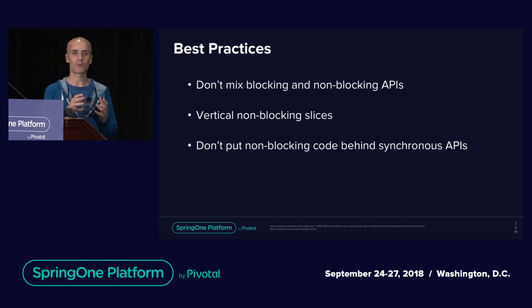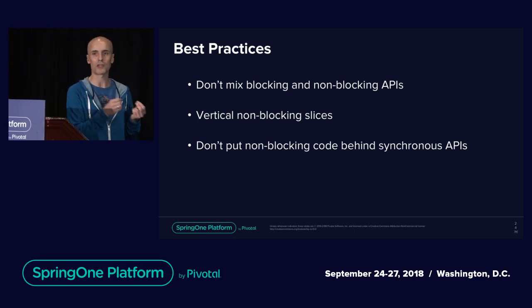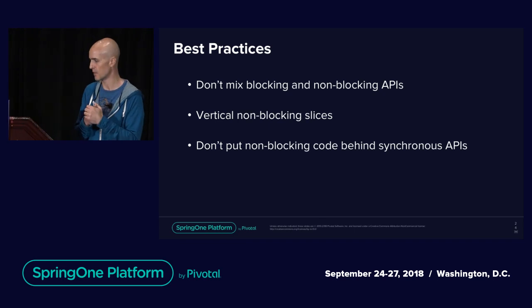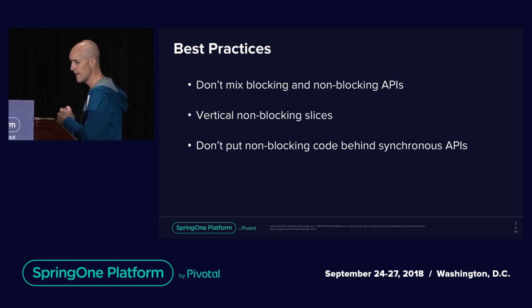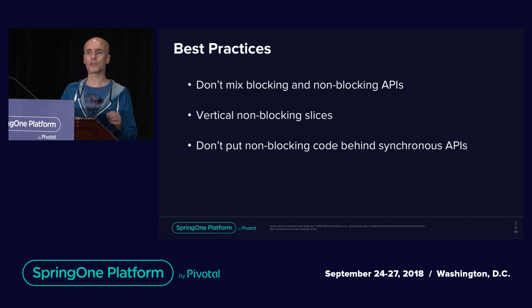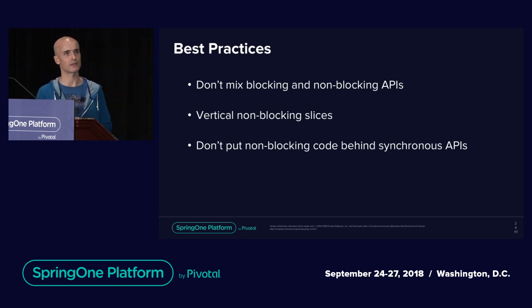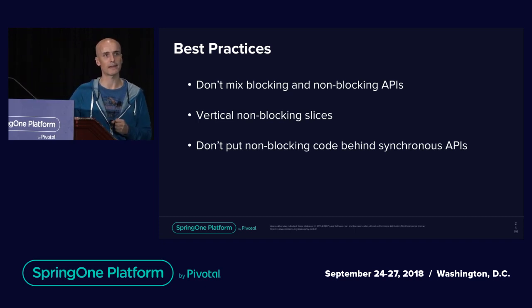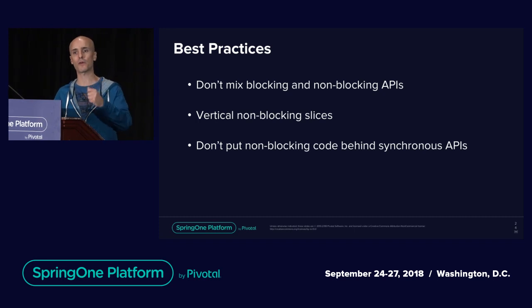So when you start to deal with this kind of mix of blocking and non-blocking, asynchronous and synchronous APIs, it becomes very tempting to try and do these kinds of things. But the thing to learn over time as you go on this journey of learning reactive and using these declarative functional style APIs is that you want to defer. You don't want to block, but you want to integrate into the processing chain.